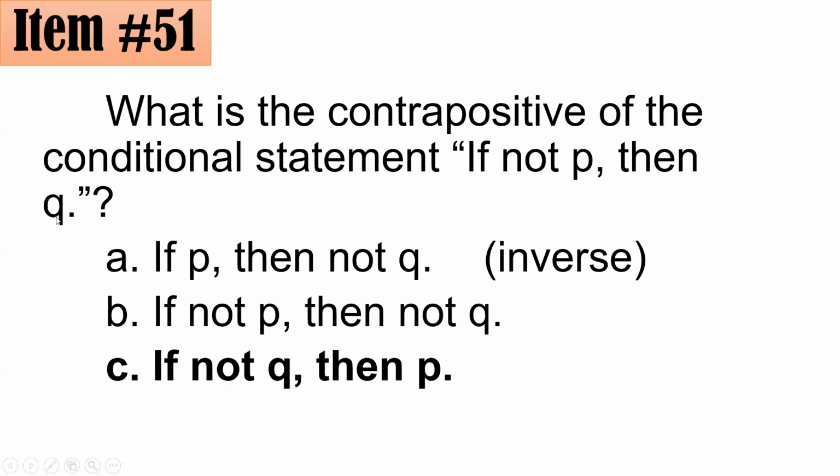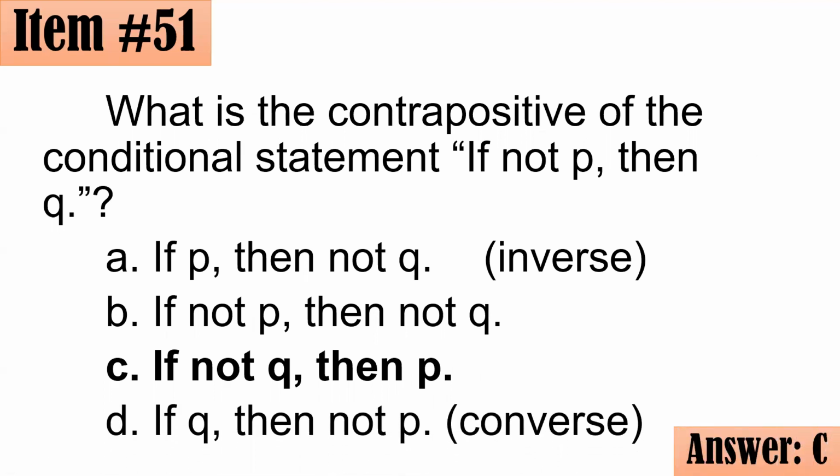Kasi kapag Q yung premise, yung conclusion mo, if not Q, negation niya, yan. Tapos if not P, yung negation nito ay P. That's why ito po. So indeed, letter C. Kasi yung letter D, converse po yan ng statement natin. Nakakalito po siya. Don't worry, we understand po. Pero hopefully na nakuha po ninyo yung essence ng solution.